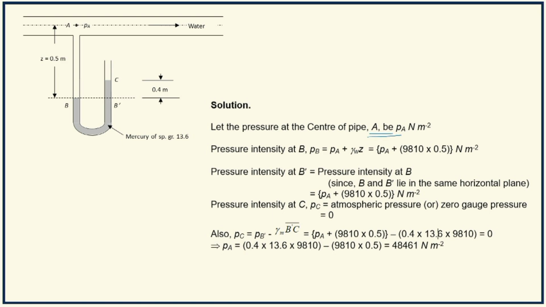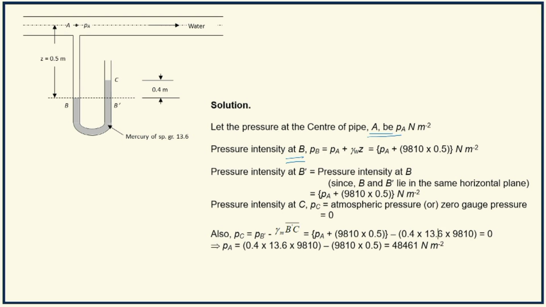So pressure intensity at B. Where is B located? B is the interface of water and mercury in the left limb. That is located at a vertical depth 0.5 meter below the gauge point. When you go down, pressure increases with decrease in elevation, or pressure increases with the depth.